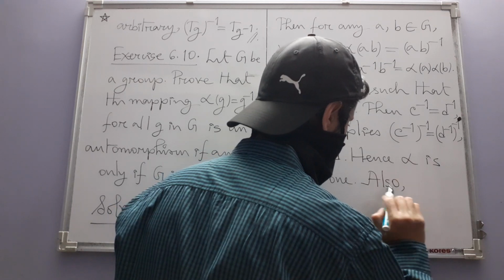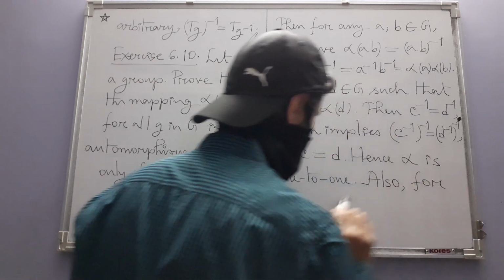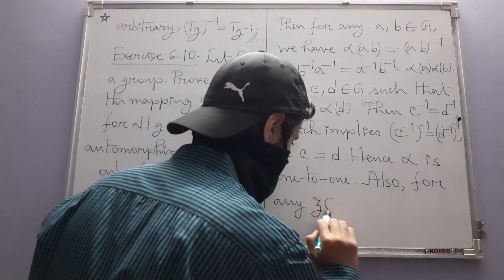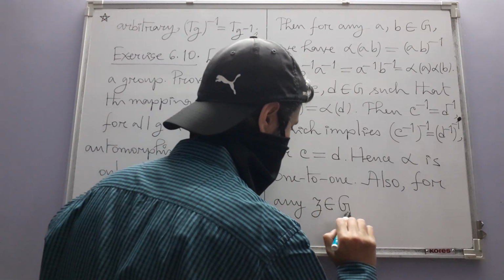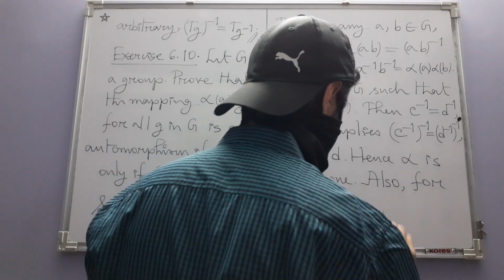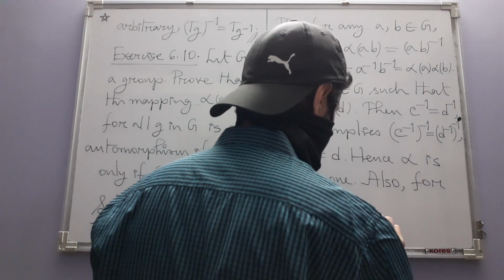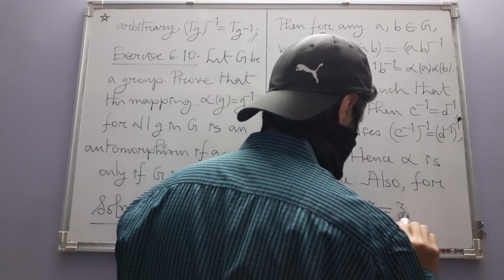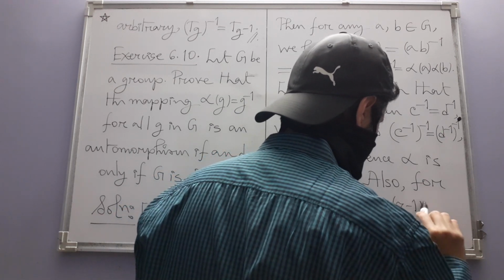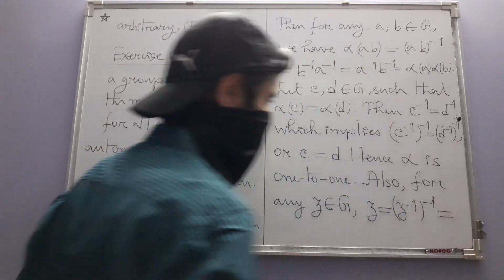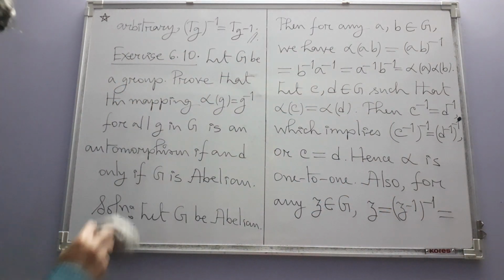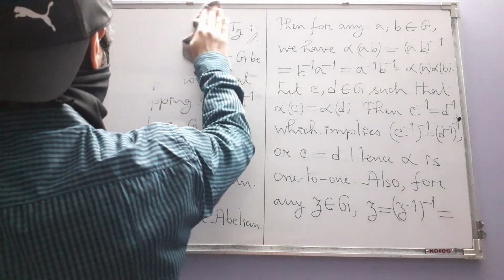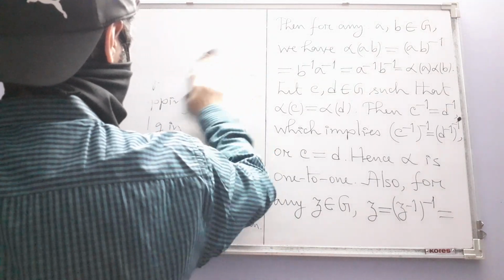Also, for any, say, Z belonging to G, this is equal to this, which is the alpha image of Z inverse.